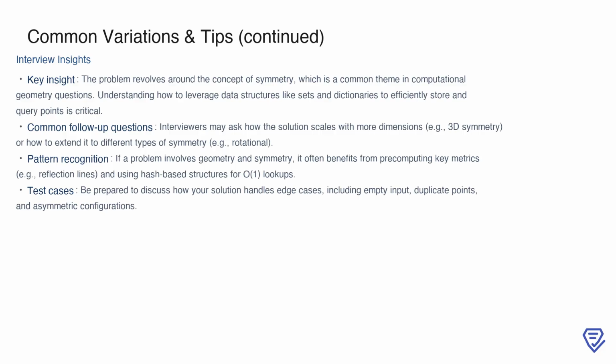Recognizing patterns in these kinds of problems is also important. For example, pre-computing metrics like the reflection line and using hash-based lookups can significantly optimize your approach. Lastly, being prepared to discuss how your solution handles tricky test cases such as empty input, duplicate points, or scenarios where symmetry breaks is often a crucial part of the evaluation process.